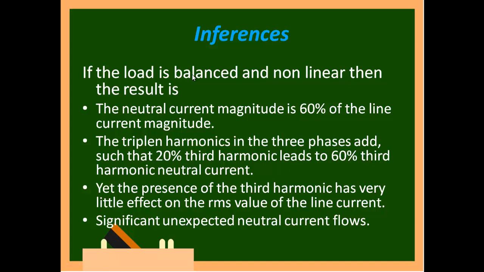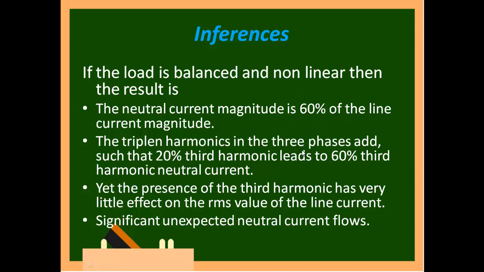If you balance it, it becomes a balanced load. So we will take into consideration only the non-linear load. If a non-linear load is there, then the neutral current magnitude is 60% of the line magnitude. See what happens: with the line magnitude, you will have 60% as neutral current. This much current will increase your EB bill also.